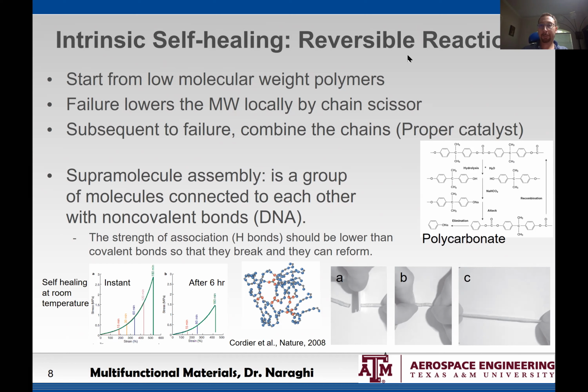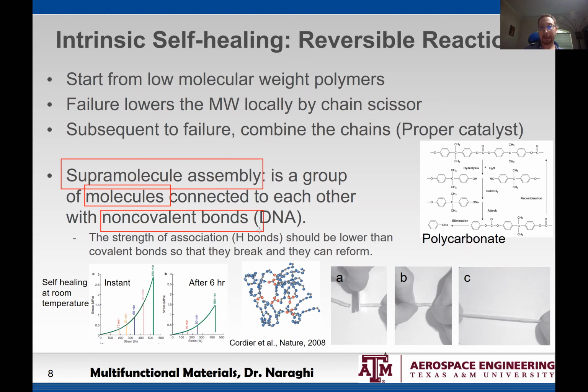Typically, there's a fancy name for these chunks of molecules, called supramolecular assembly. It's a group of molecules, basically. All the atoms within each molecule are connected with covalent bonds, but the interaction between them is with bonds that can break, but if you put the two pieces together at the same temperature, they can reform. An example of that is hydrogen bonds, some form of non-covalent bonds.